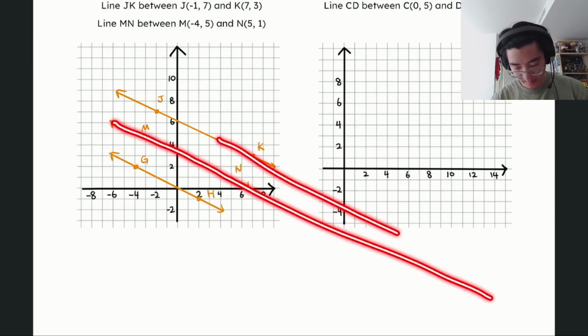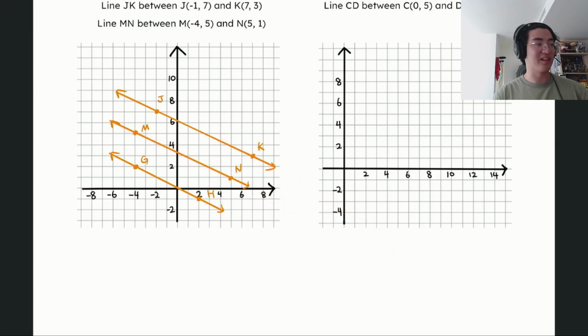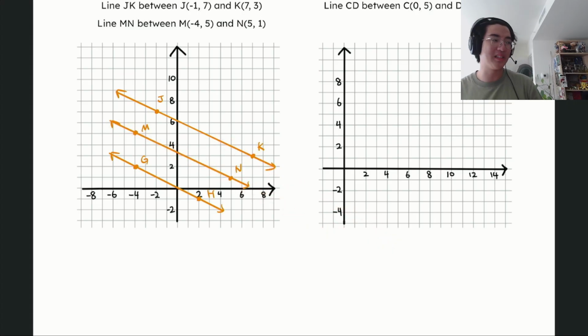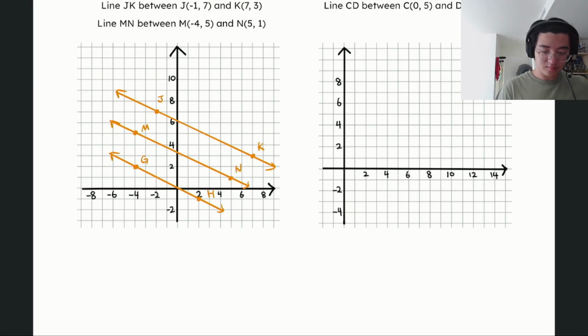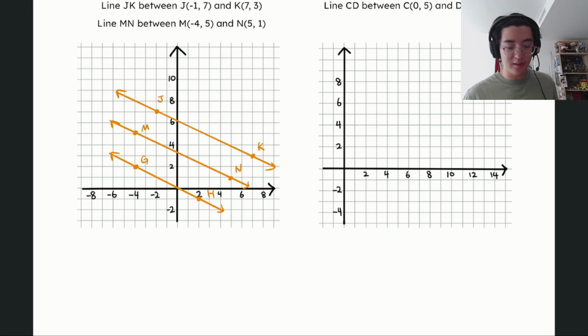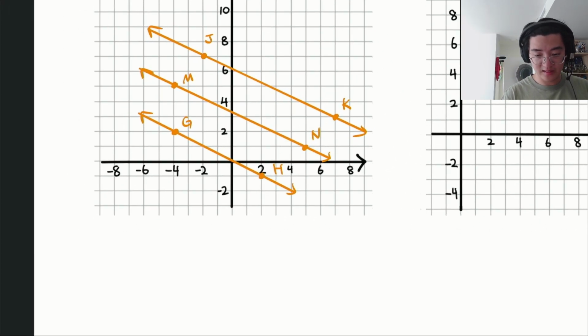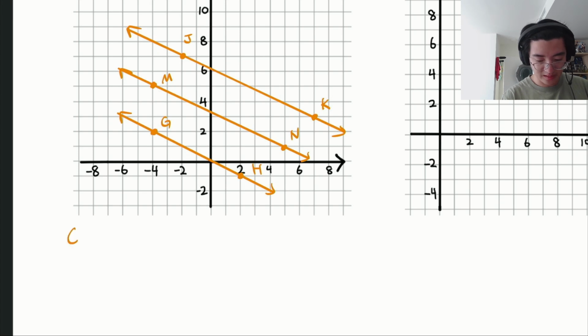Sorry, it's kind of hard to illustrate because the lines are very, very slightly off. And in hindsight, I probably should have made it more obvious. But if we look at the slopes of the three lines here, right?